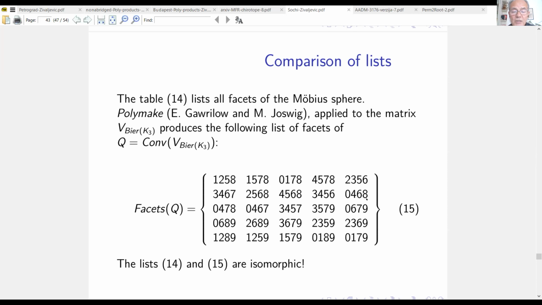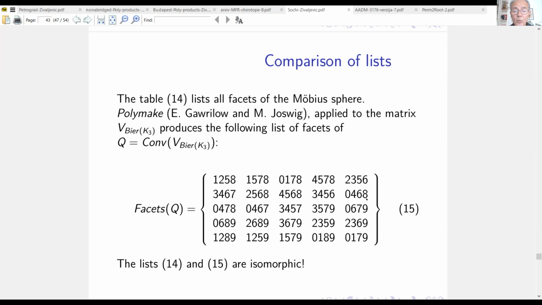Just as several sentences commenting on that, I already mentioned that Bier spheres naturally appear in the context of polyhedral products, and that leads to monomial Bier spheres, which naturally extend the theory of Bier spheres, and monomial Bier spheres are related to monomial ideals and commutative algebra.